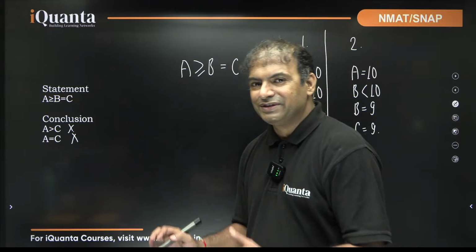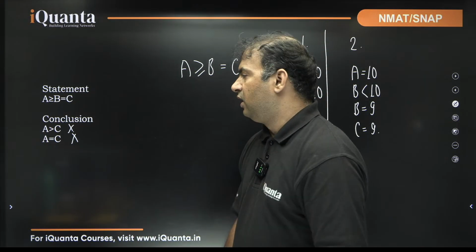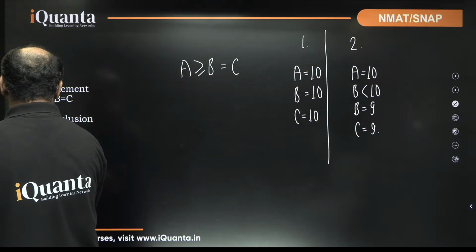Okay, so what should we do in such kind of cases, guys? Right now, I did not give you the options. What kind of options can be there? Let me write it for you. We have two conclusions, right?